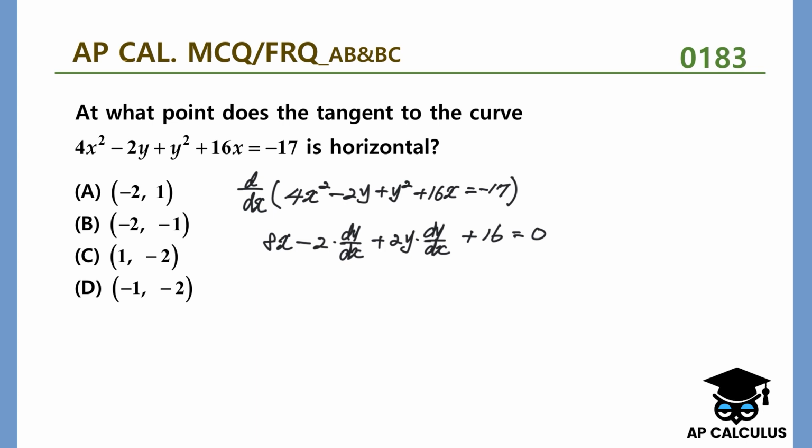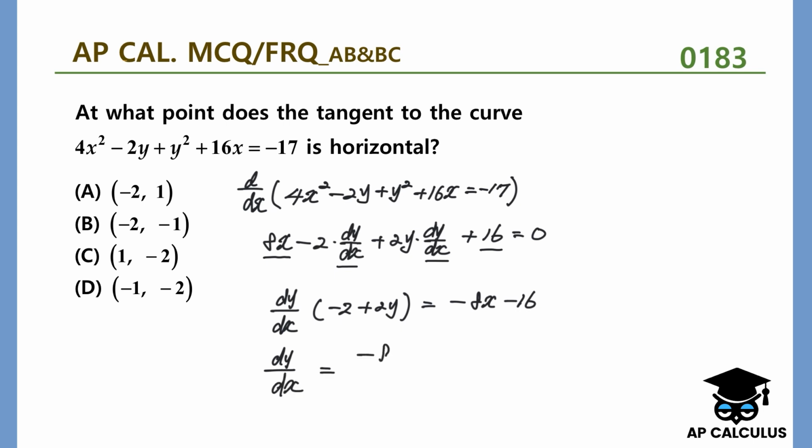Okay, so here is our slope. We're going to move this term and this term to the right hand side and factor on the left hand side. So dy over dx times negative 2 plus 2y is equal to negative 8x minus 16. So dy over dx is equal to negative 8x minus 16 over negative 2 plus 2y.